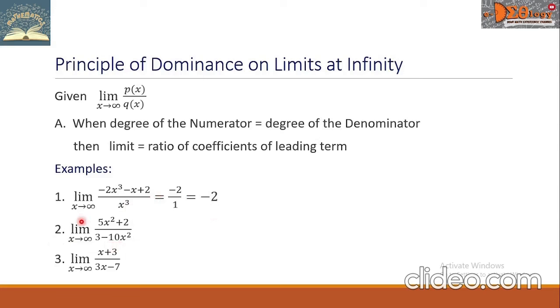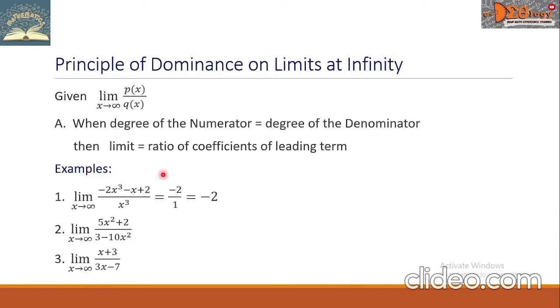Example 2. The limit of 5x squared plus 2 all over 3 minus 10x squared as x approaches infinity. In the numerator, the degree is 2. In the denominator, the degree is 2. So they are equal.